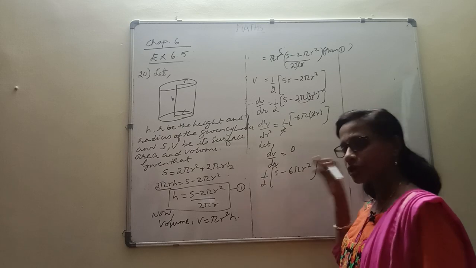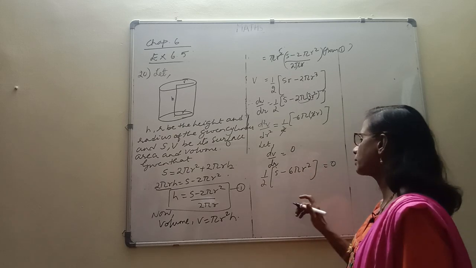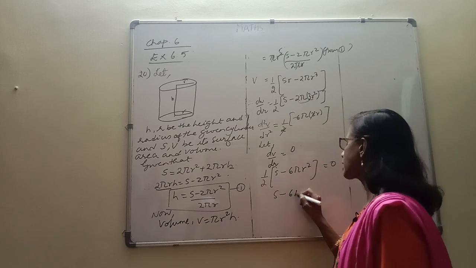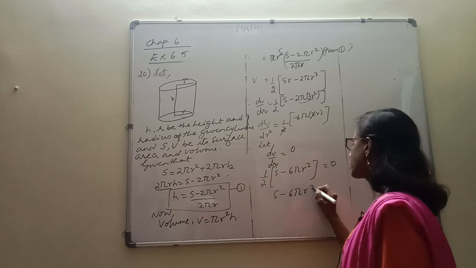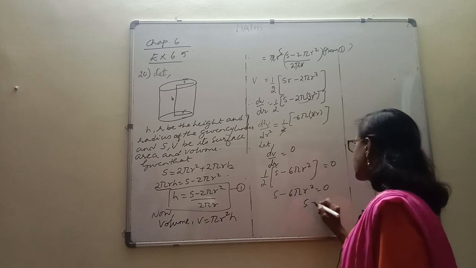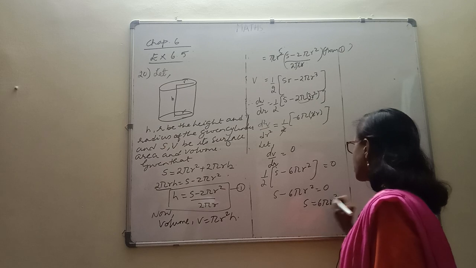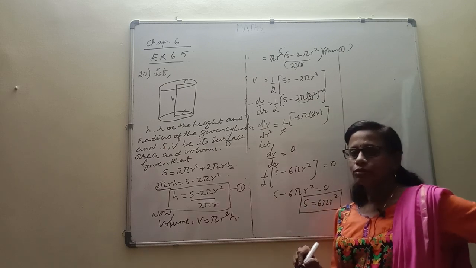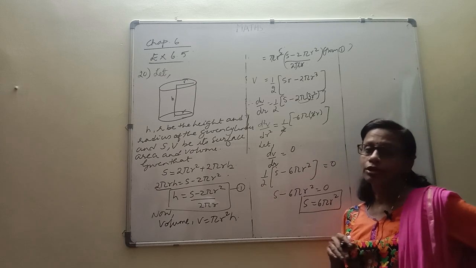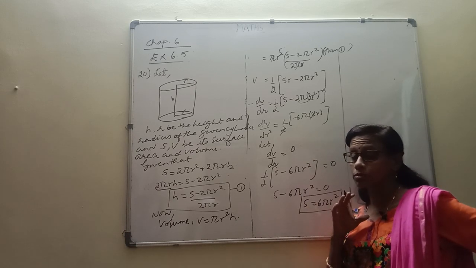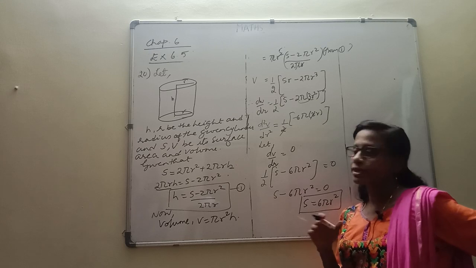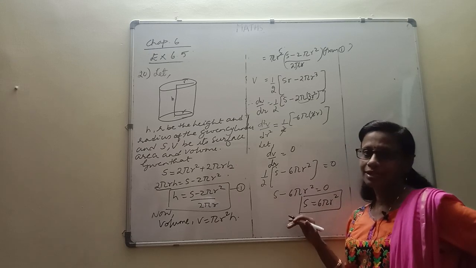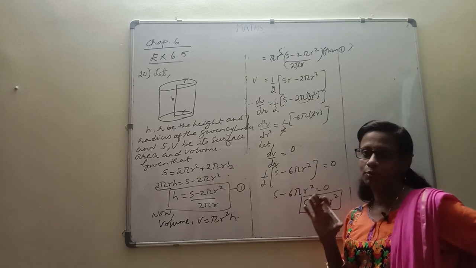The 2 is in the denominator, it can go on the other side, so that way it will get eliminated, and so you get s minus 6 pi r squared equal to 0, s equal to 6 pi r squared. Now this is what we are going to use actually, but technically you should know the value of r, but if you take the value of r and go to substitute and work out, it's going to be laborious. So that is why you can work with this. That is the winning part of this problem.